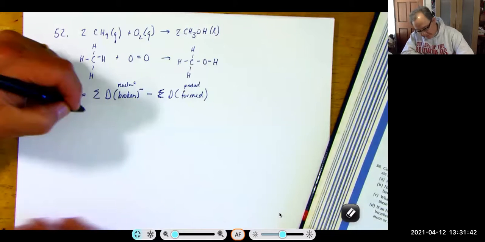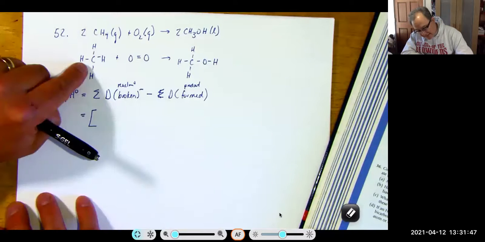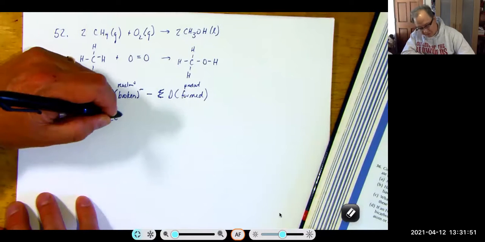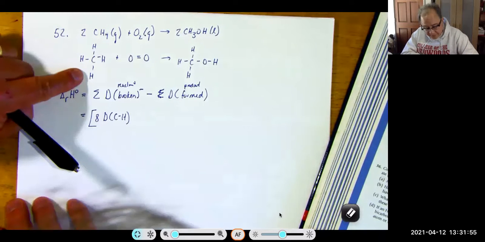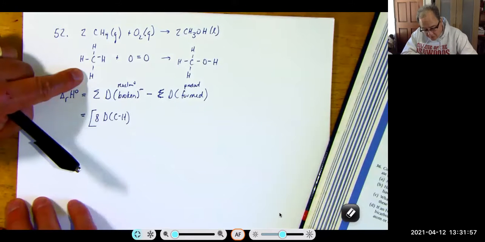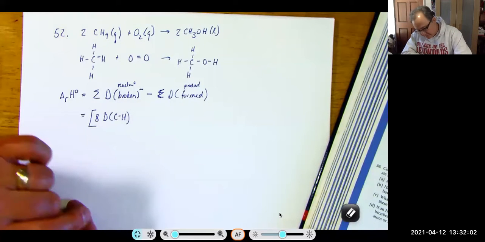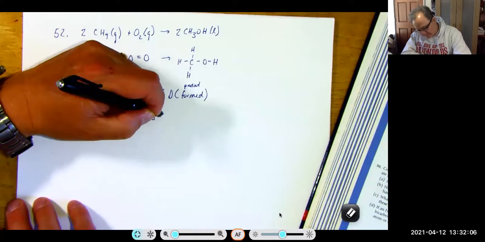So you're going to get, for those that are broken, we're going to have 8 carbon-hydrogen bonds. And here, I just didn't want to write this twice because I didn't really have enough room. Here are 4 carbon-hydrogen bonds, but because of the 2, I actually have 8. Plus 1 oxygen-oxygen double bond.